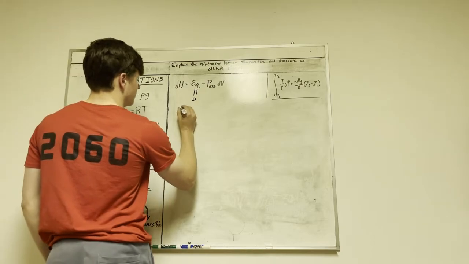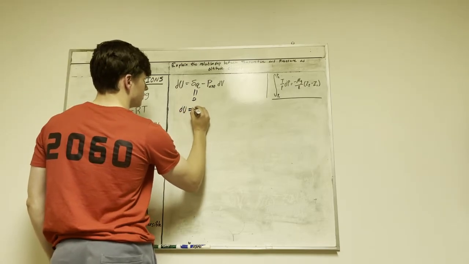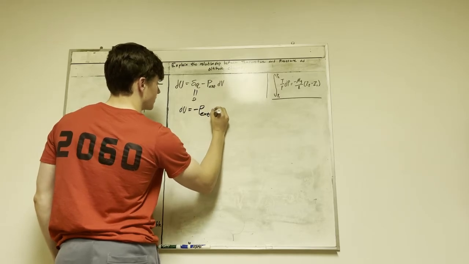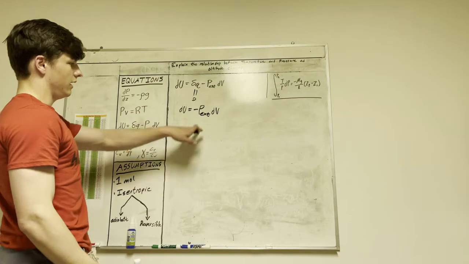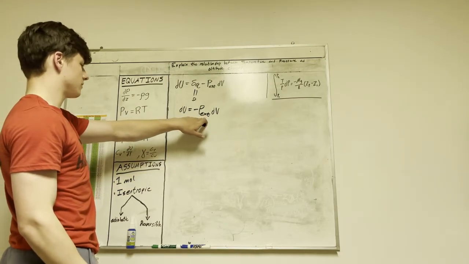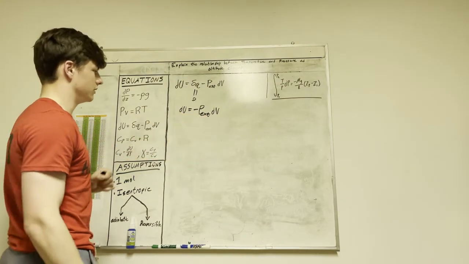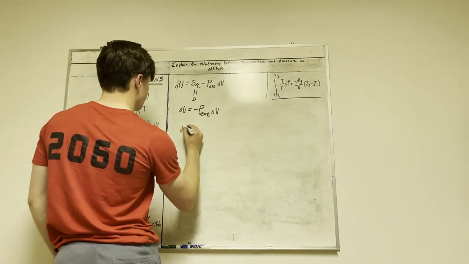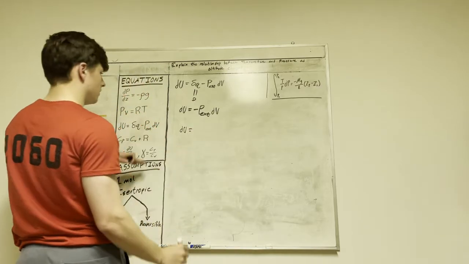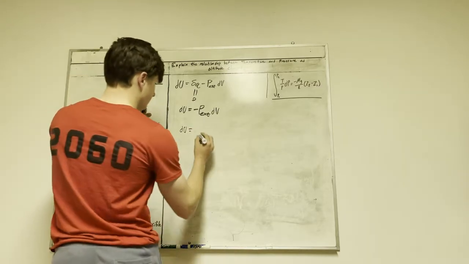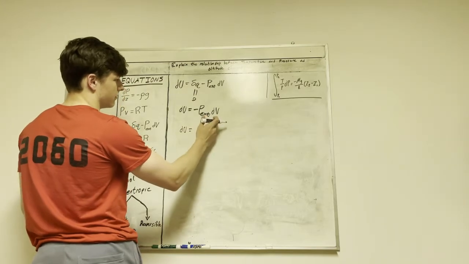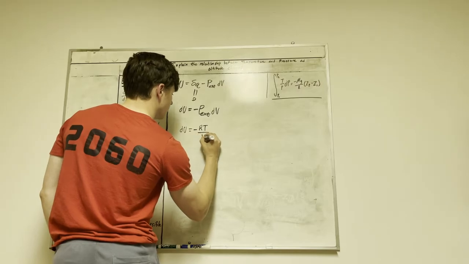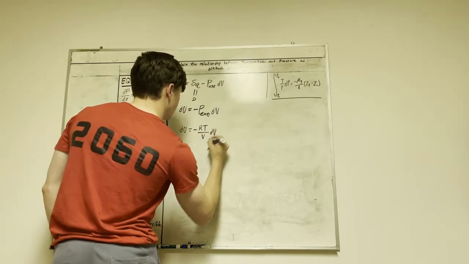And so then we have dU is equal to negative pressure, or external pressure, times a change in volume. And we can use the ideal gas law to sub in for pressure here. So with that, we have dU equals negative RT over V dV.